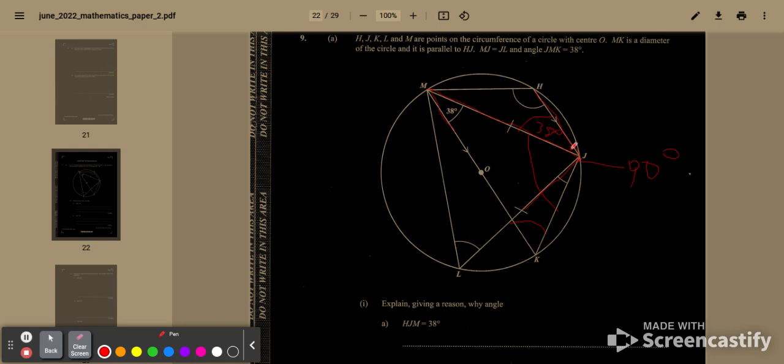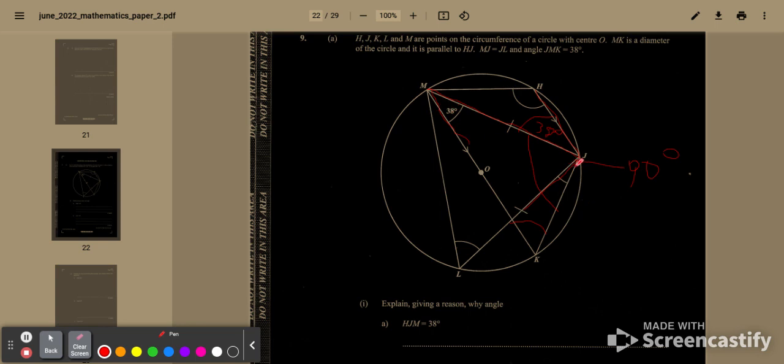Because if we examine this entire triangle, we know that the total angle here is equal to 90 degrees in this triangle entirely, along with 38 degrees.